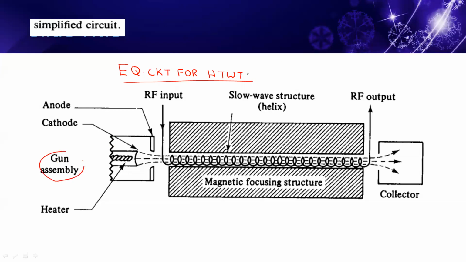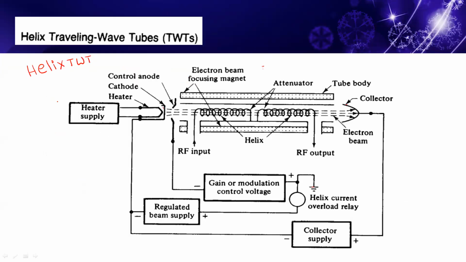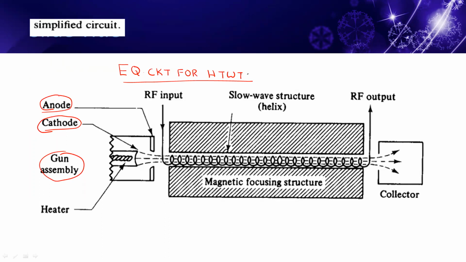The gun supply has the same cathode terminal and anode terminal, like the previous diagram. This diagram is the equivalent circuit for the present slide. No change in the circuit. Similarly, we are now applying the microwave signal as RF input.